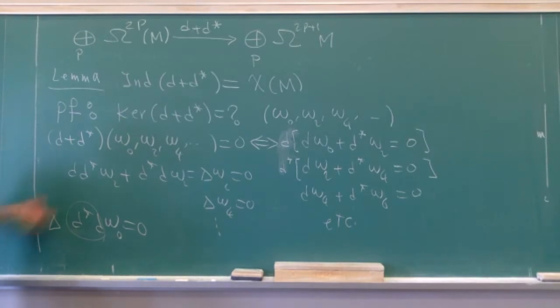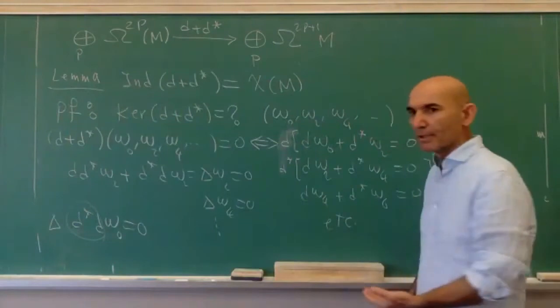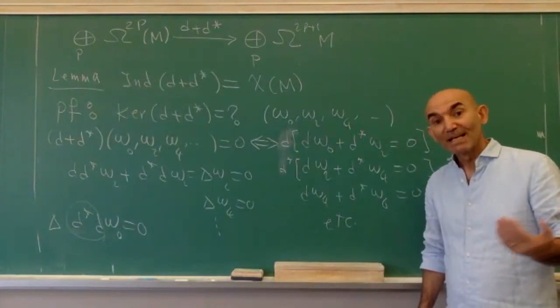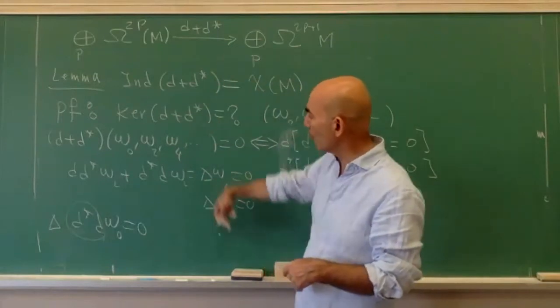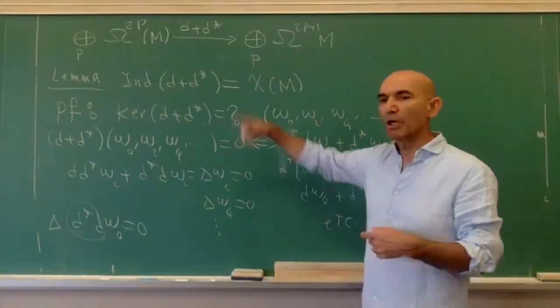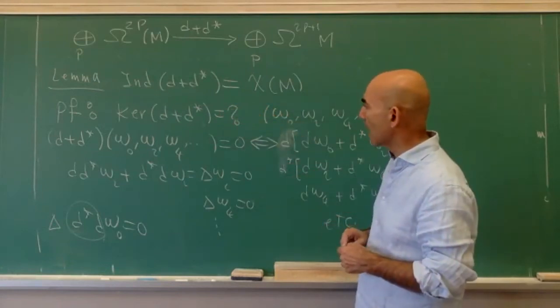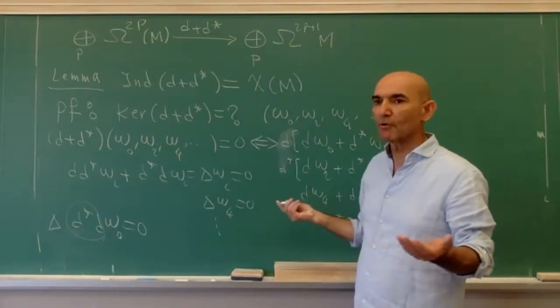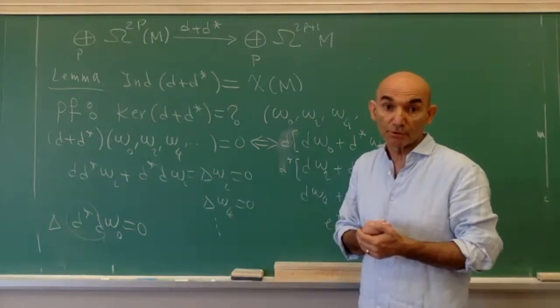Anyhow, so what do you get? You notice that all these guys are harmonic. In order to be in the kernel of d plus d star, all forms are harmonic. And by Hodge theory, by Hodge decomposition, we know that the dimension of the space of harmonic forms is exactly the dimension of cohomology. It's actually isomorphic to cohomology.